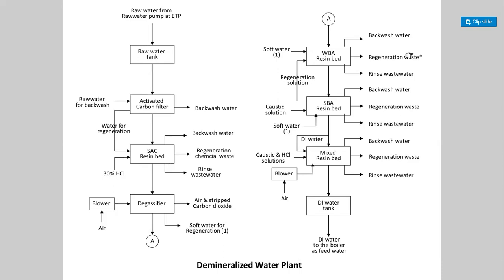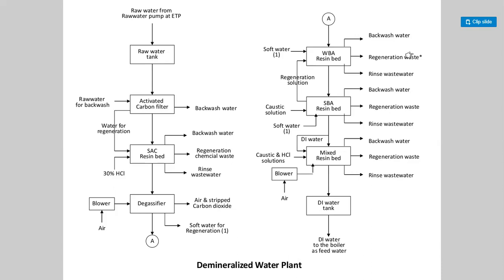From activated carbon filter, water for regeneration, and 30% HCl. From SAC resin bed to degasifier, with air from blower to degasifier. From degasifier, air strips out carbon dioxide, and soft water for regeneration. Soft water then goes to WBA resin bed, with backwash water, regeneration waste, and rinse wastewater.